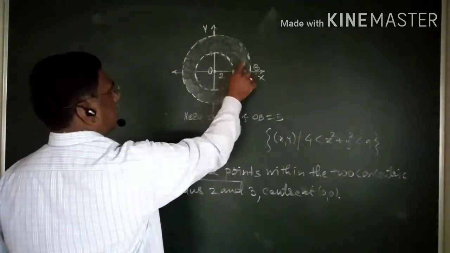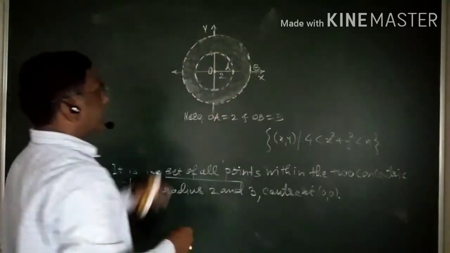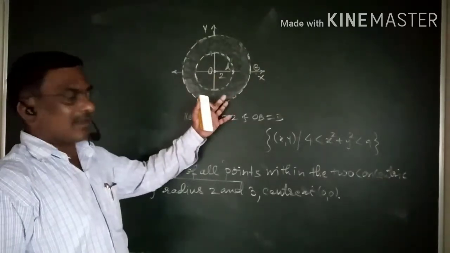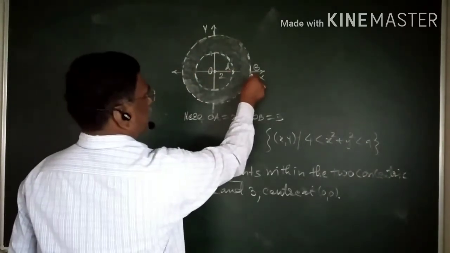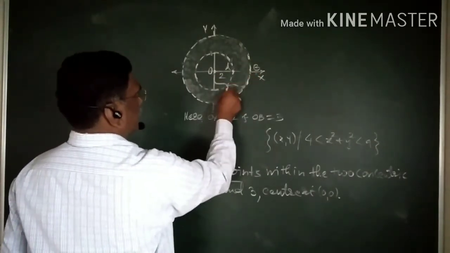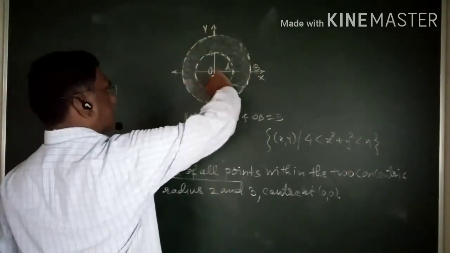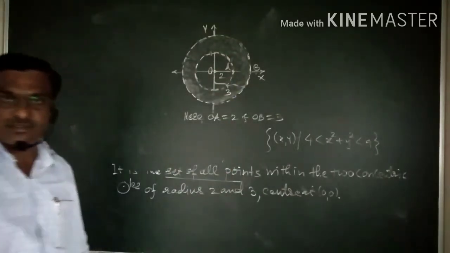In fact, it is the area greater than radius 2 and less than radius 3. Therefore, this is the area where the given function is defined.